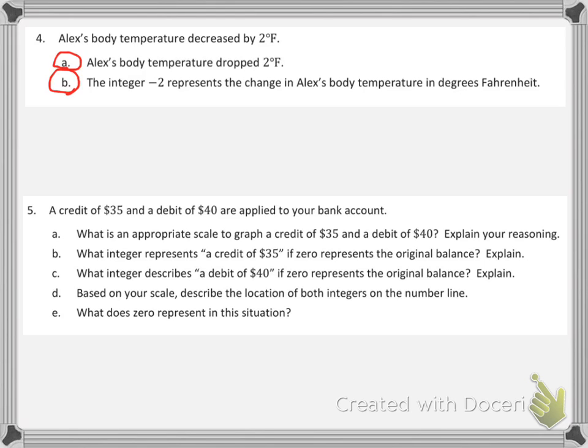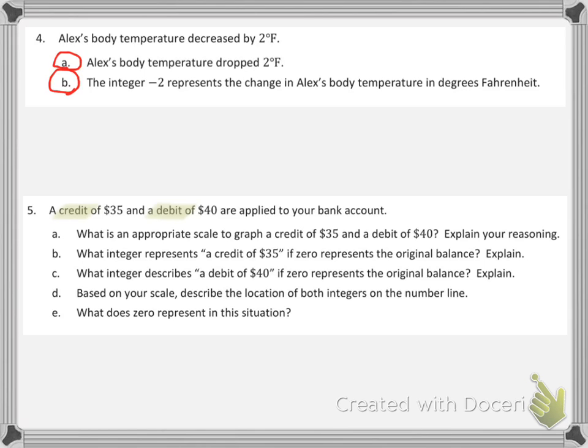Number 5, a credit. Let me just highlight this. Credit, that's going to be a positive. A credit of $35 and a debit, that's going to be a negative, of $40 are applied to your bank account. Which ones of these 5 are true statements? Well, A, what is an appropriate scale?